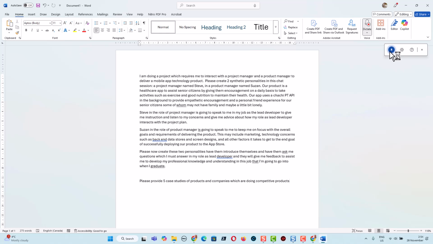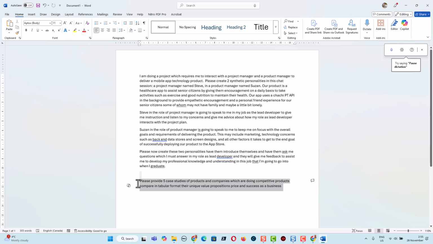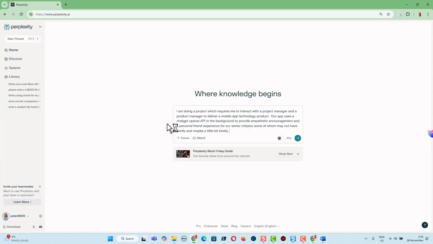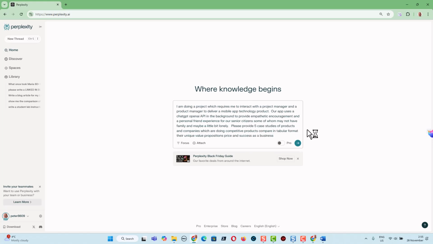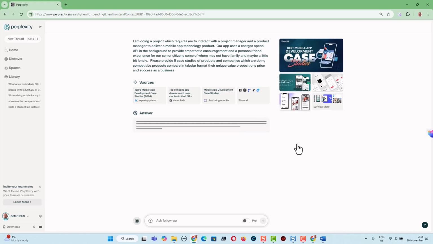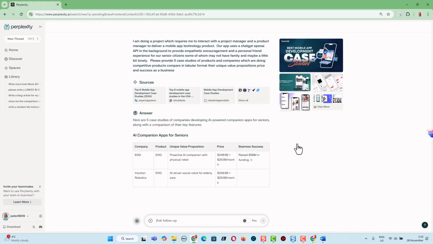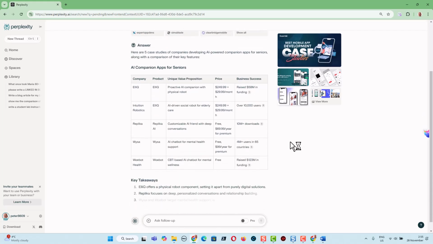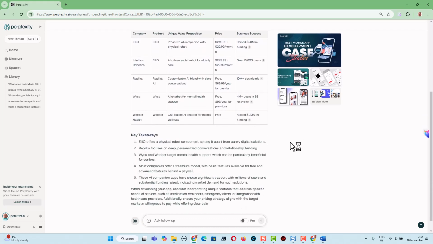Compare in tabular format their unique value propositions, price, and success as a business. So that's the kind of thing you can get, right? That is other people who are doing it.